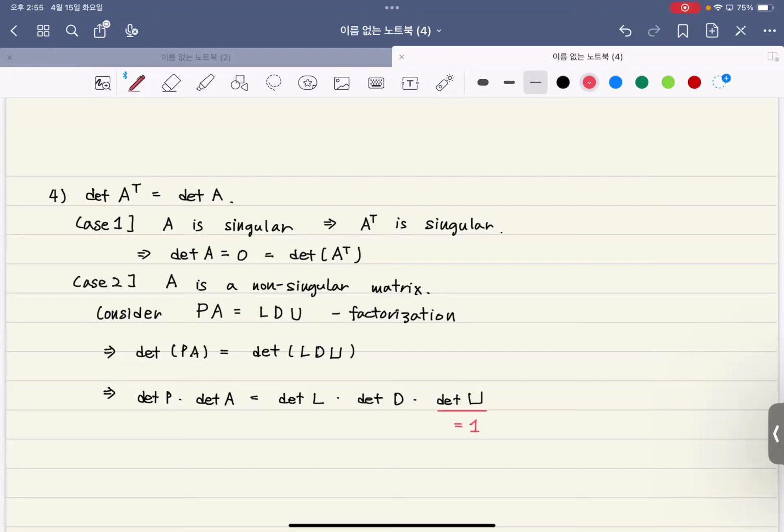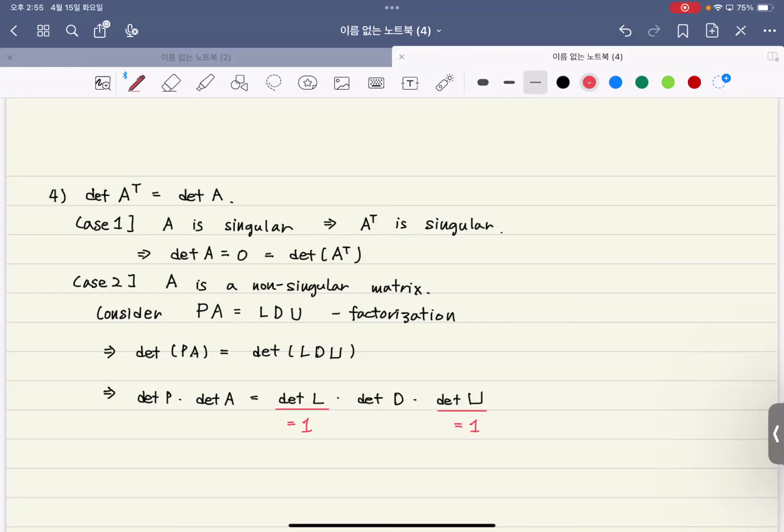And also, I am pretty sure that the determinant of this lower triangular matrix L must be 1. Why? Because these diagonals are all ones, and applying elementary row operations, we can change it into its row echelon form, which is the identity matrix.